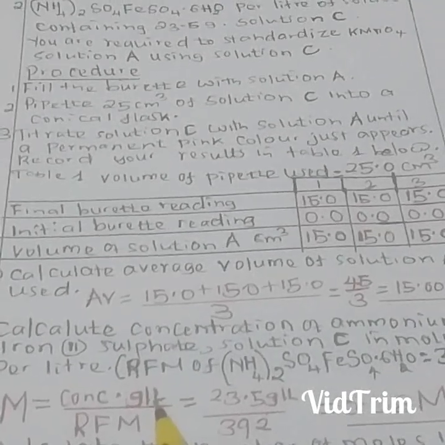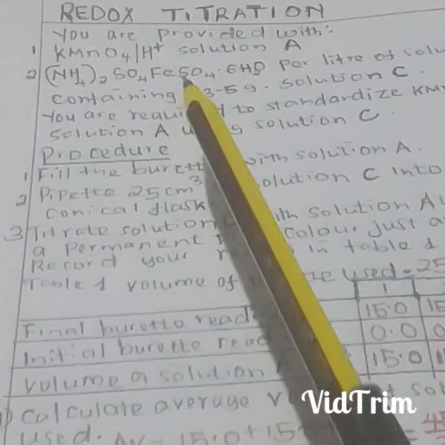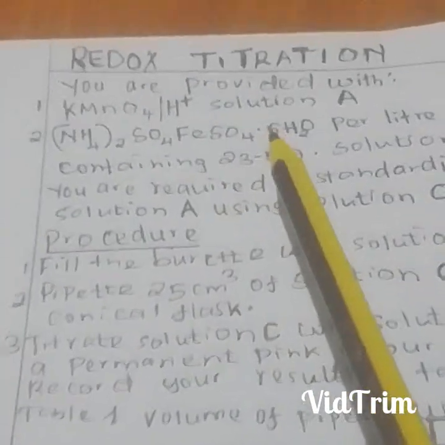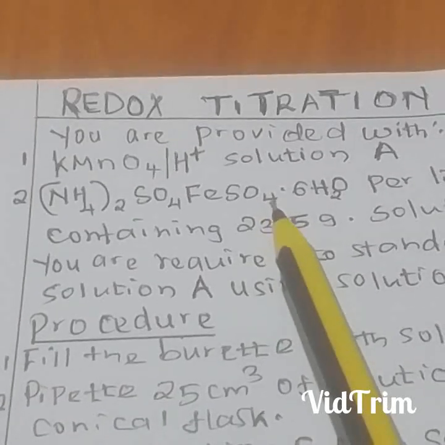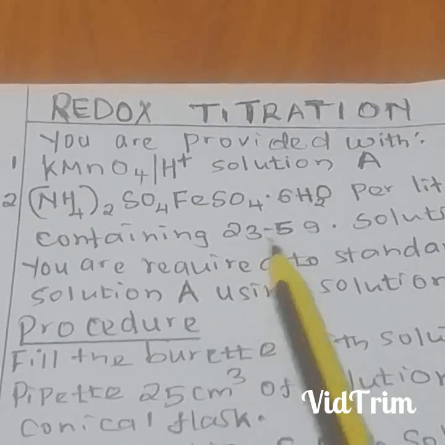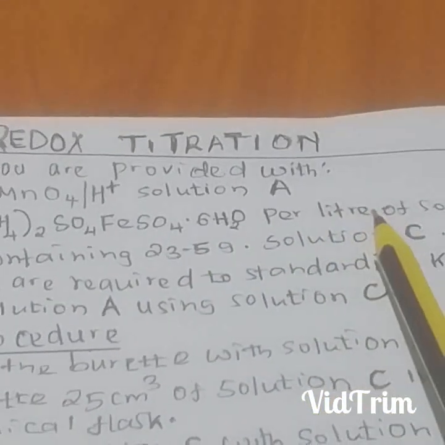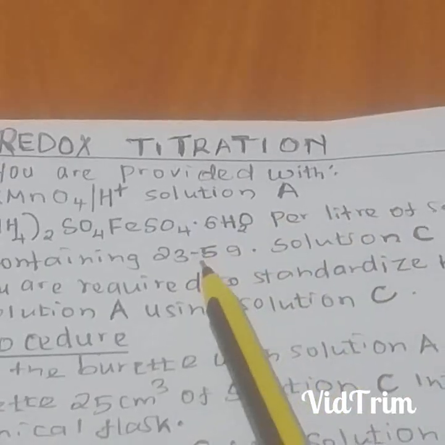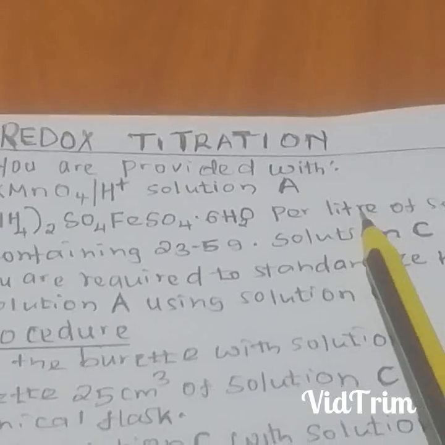Let us go back to what we have been given up there. That is ammonium iron 2 sulfate solution. The mass was 23.5 grams, which was dissolved in 1 liter of solution. Is it okay? So the concentration in grams per liter is 23.5 grams per liter.